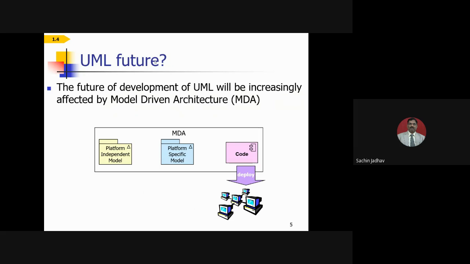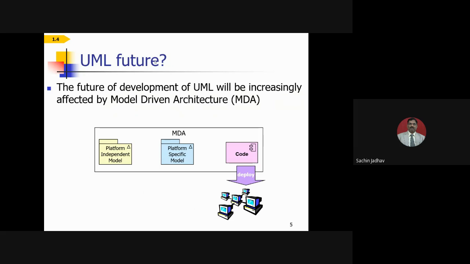Different kinds of platform-specific models are converted from platform-independent models. The transformation of the platform-independent model to the platform-specific model takes place, and it depends upon what technology you are using.